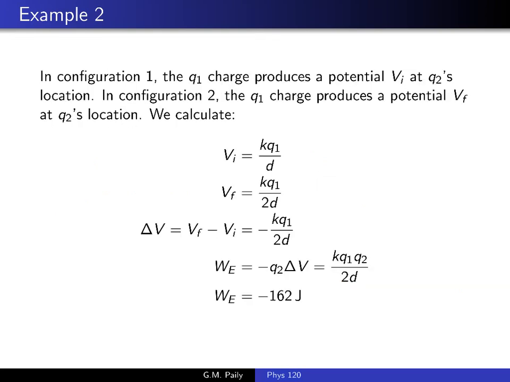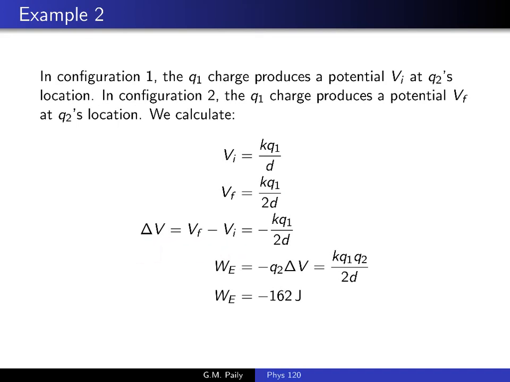We now move on to the answer. V initial is the potential created by Q1 at the position of Q2, and that is KQ1 over D. V final is KQ1 over 2D.